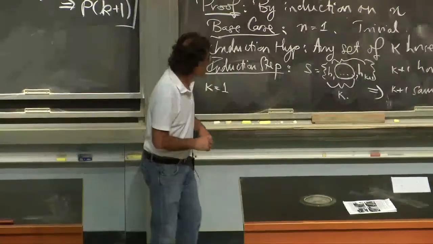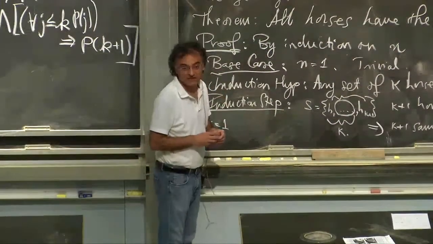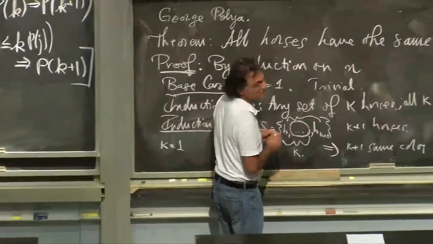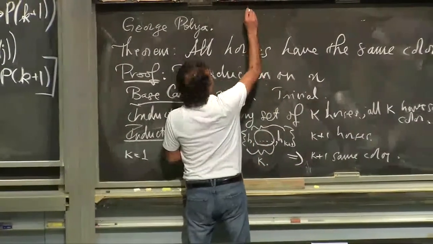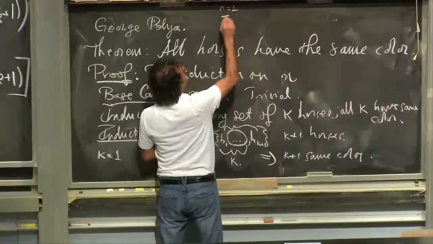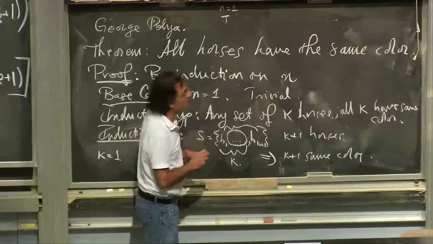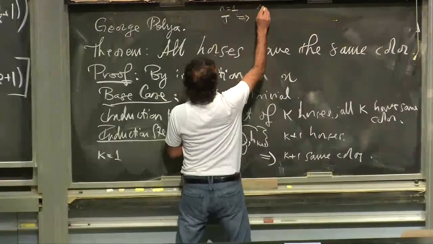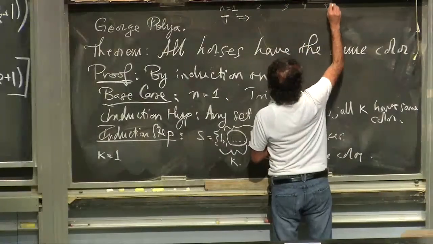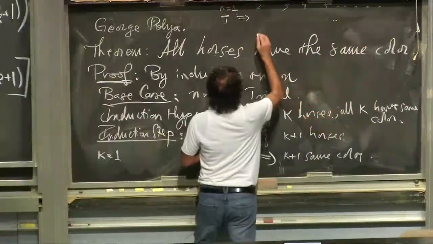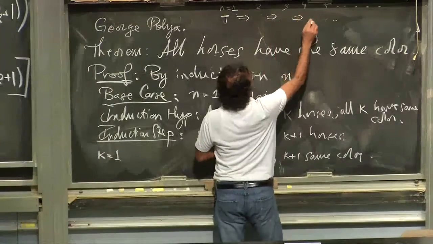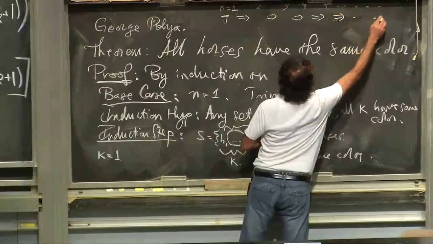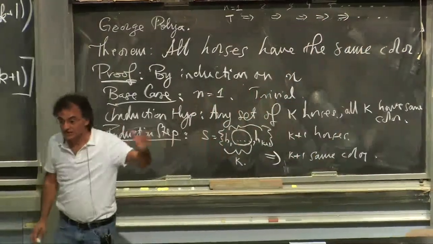So what happened here is that the base case n equal to 1 was true. Then we were trying to create a set of implications, 2, 3, 4, 5, and so on. So we wanted to go, this implies this, this implies this, and so on. That's how you do induction.